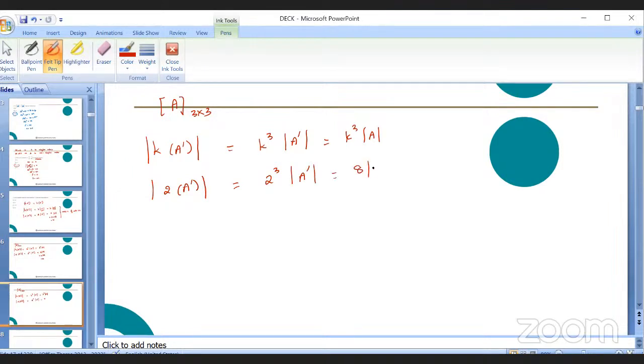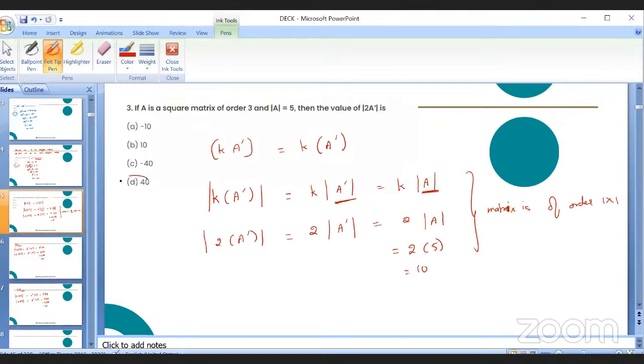That is 8 into determinant of A. And determinant of A is 5. So, it will be 40. Answer is 40. Option D. Okay. Next question.